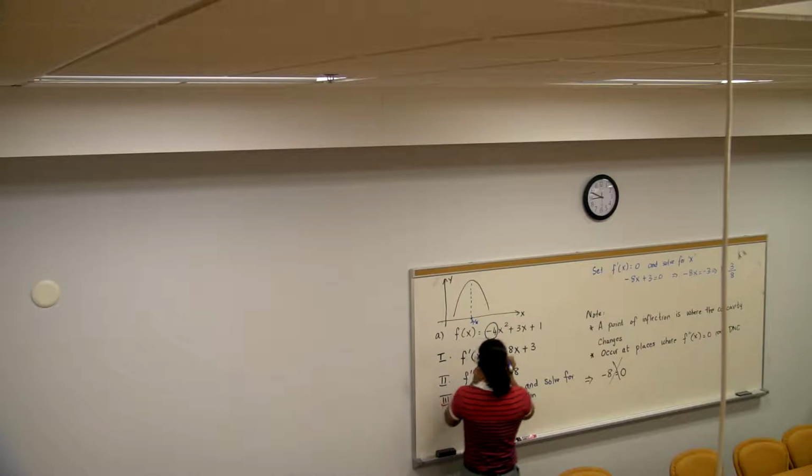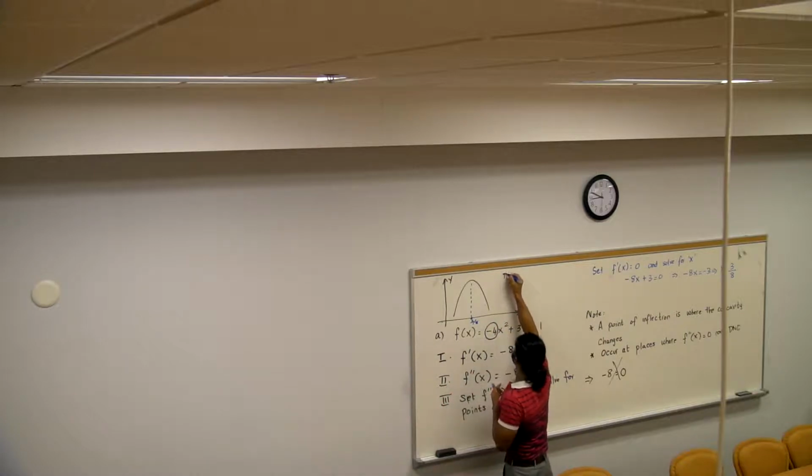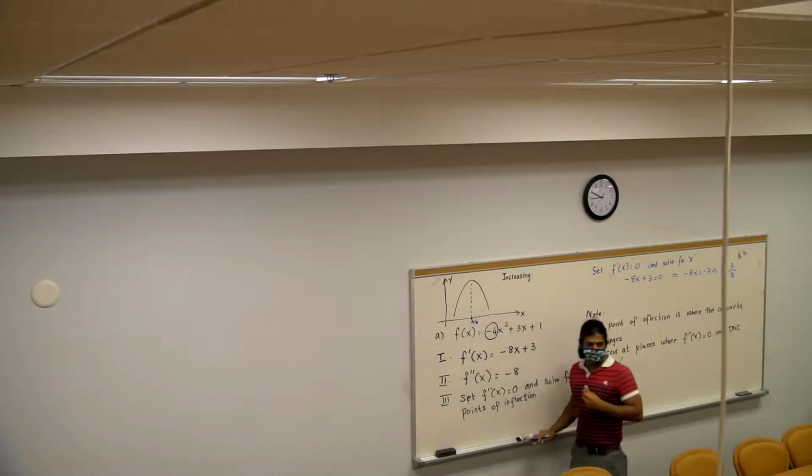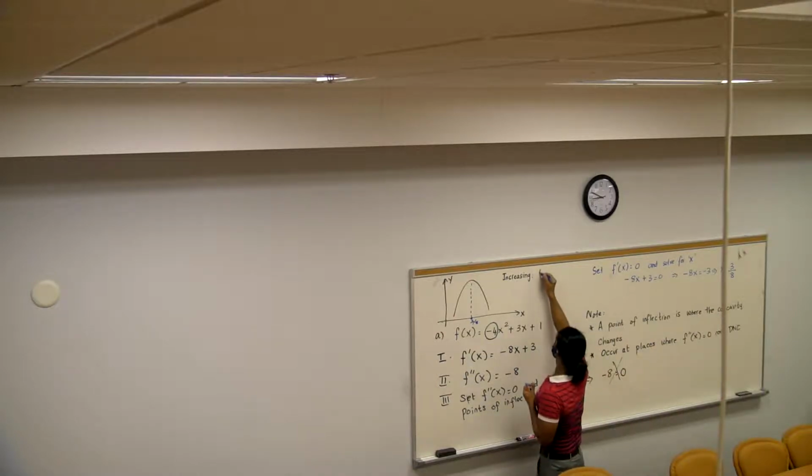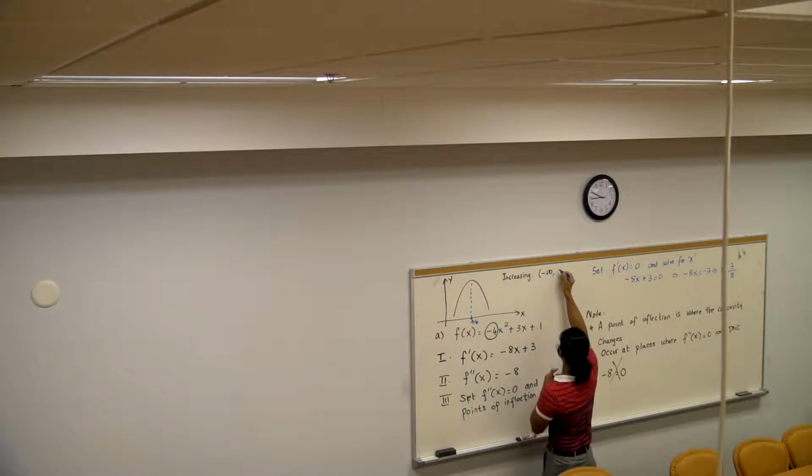So what is our conclusion? The curve is increasing for what values of x? Negative infinity to 3 over 8. Should we include the 3 over 8? In other words, should we put a square bracket?